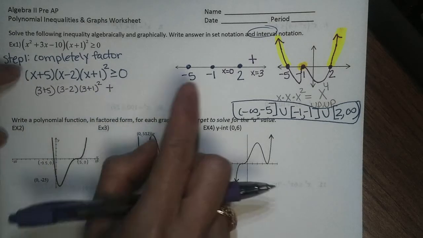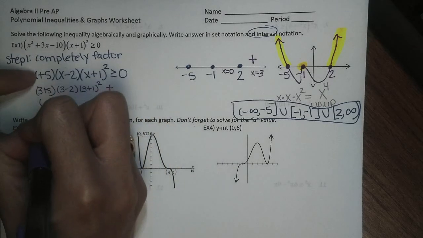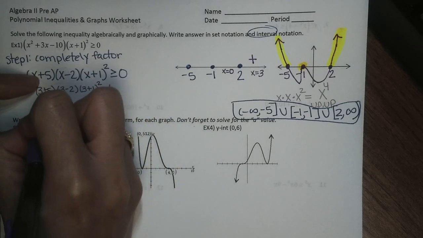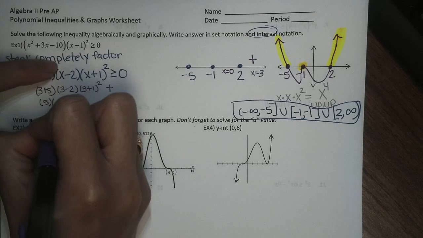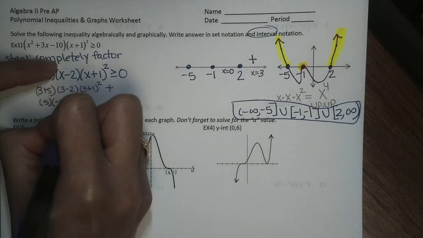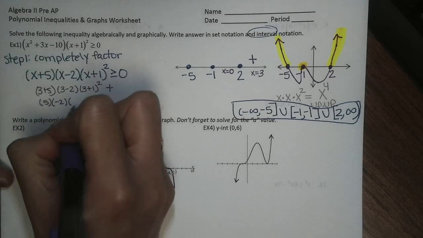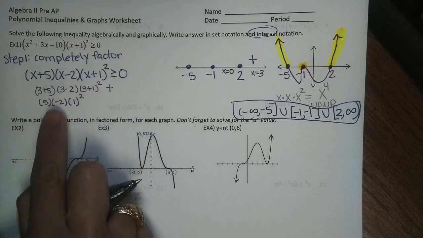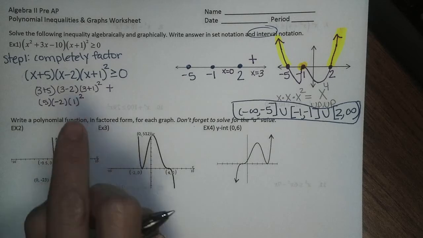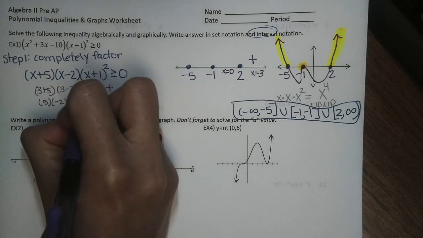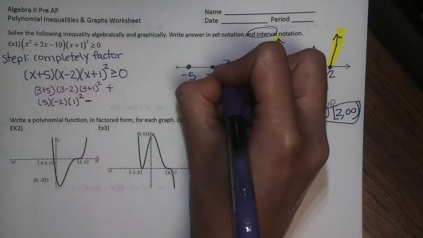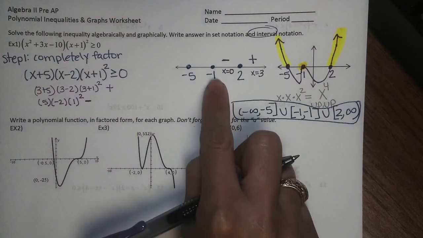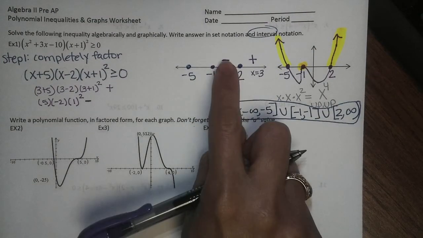So 0 plus 5 is just 5. 0 minus 2 is -2. 0 plus 1 squared is 1 squared. If I multiply 5 times -2 times 1 squared, that's a negative number. So that means that anywhere from -1 to 2, your polynomial is negative.